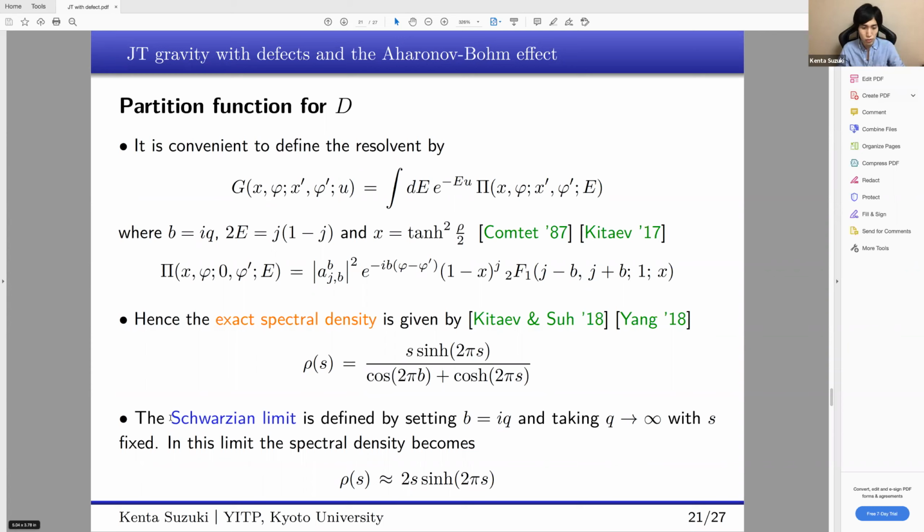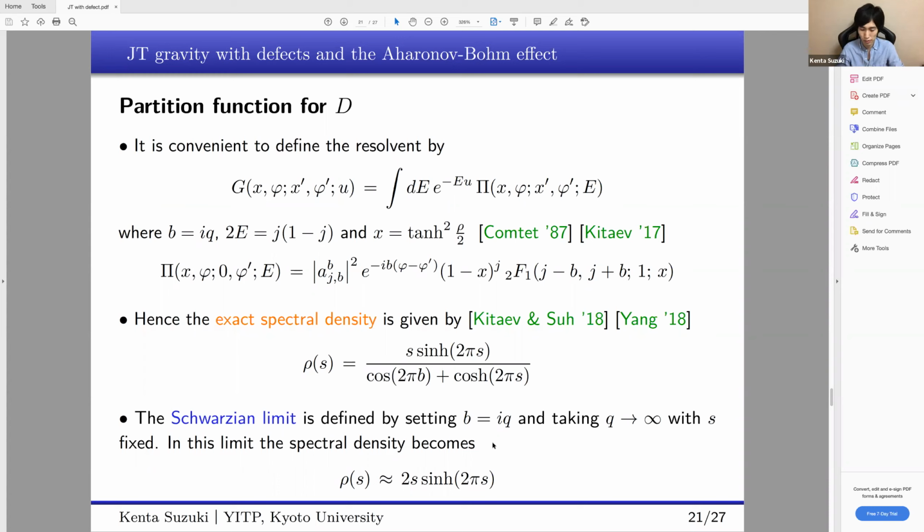And the so-called Schwarzian limit is taking Q to infinity. This basically corresponds to the low temperature limit of JT gravity. And in this limit, this spectral density is reduced to 2s times sinh 2 pi s. So we note that this expression in the Schwarzian limit was previously obtained by various methods.